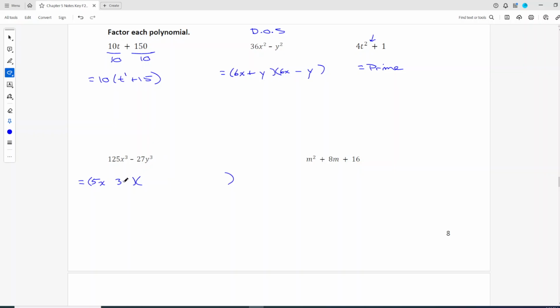The cubed root of y cubed is y. In the second bracket, I do SMS, square. So 5x all squared is 25x squared. Then I multiply, so 5 times 3 is 15, x times y is xy. And then I square, 3 squared is 9, y times y is y squared.